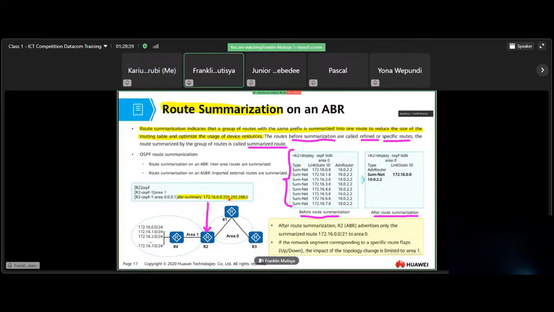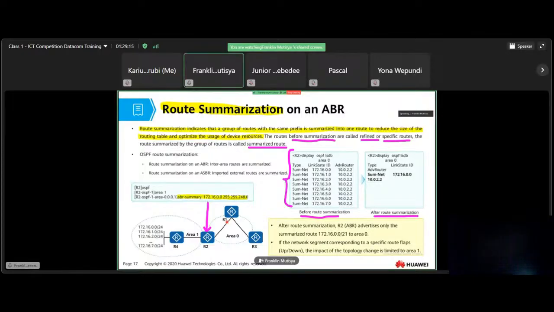So after you summarize all these networks, you put the resulting summarized route and the mask length. After route summarization, for example, here router 2, which is an ABR, will advertise only the summarized route. So router 2 is only going to send that summarized route to area 0. This helps us to reduce the size of the routing table.